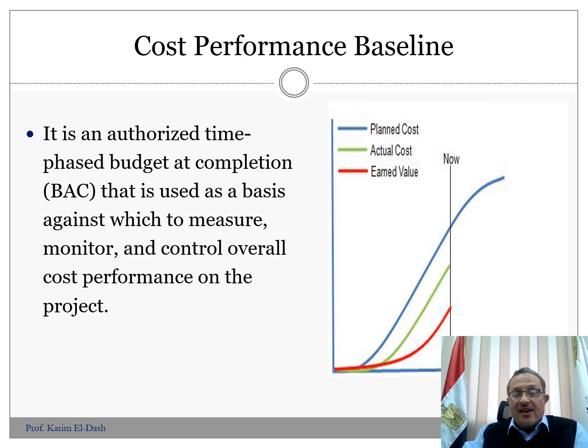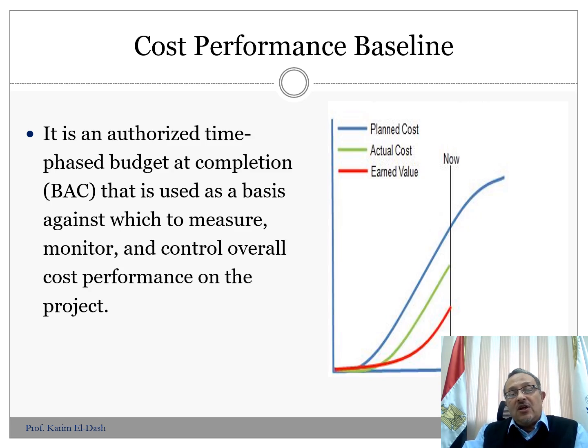So we have three values at the intersection with the data date, which is described here as now. The blue curve intersecting the vertical line of now is the planned value that should have been spent up to the data date.